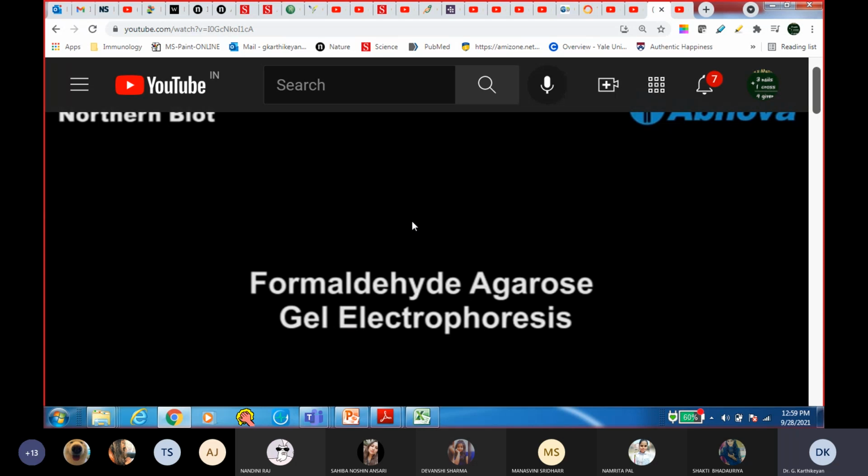In order to remove those secondary structures, RNAs are generally run on formaldehyde agarose gels. It is basically the same TAE or TBE, but with additional formaldehyde. Formaldehyde essentially denatures, so the RNA cannot get back the secondary structure. So for northern blots, we are going to use formaldehyde as an additional thing.